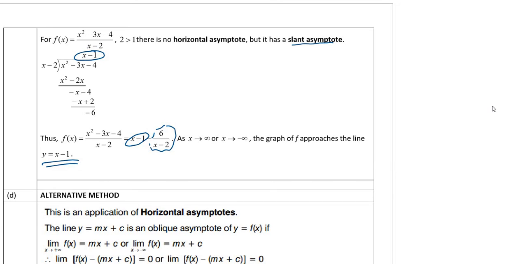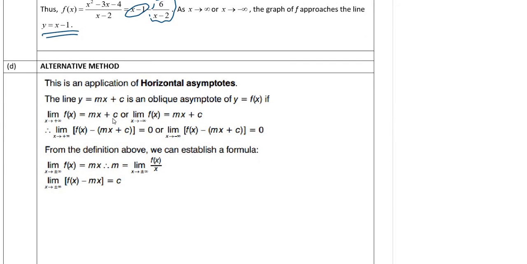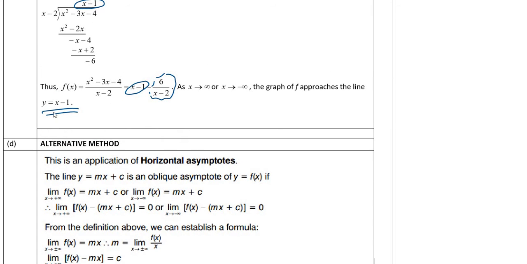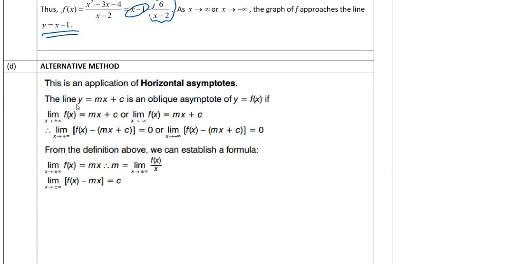Okay, I was just thinking exactly what I must say here for you, because there's a couple of things that are important. Okay, there's also an alternative method. So I'm going to also just go through the alternative method, and then if we draw the graph, we can look then at both. So the alternative method is that we know that this slant asymptote is going to be a straight line, and therefore we know a straight line is mx plus c.